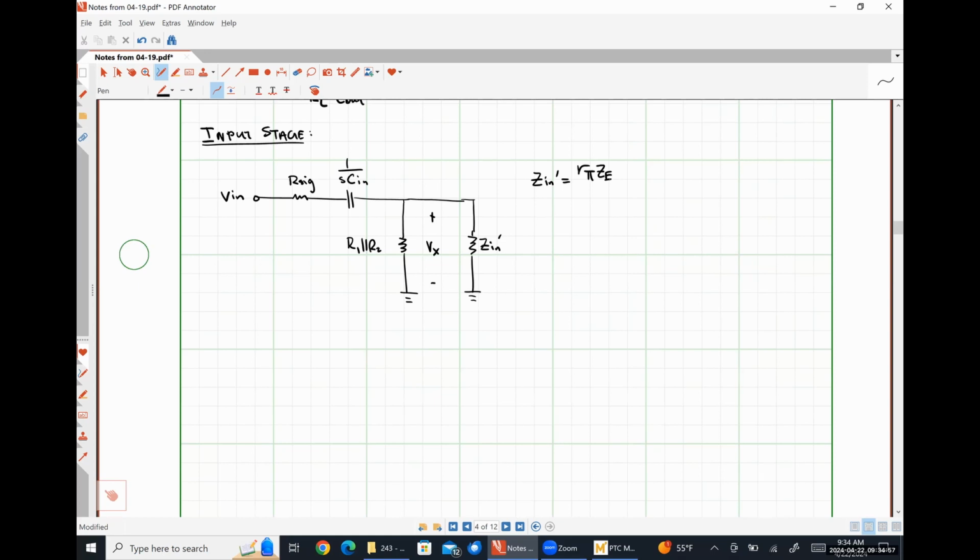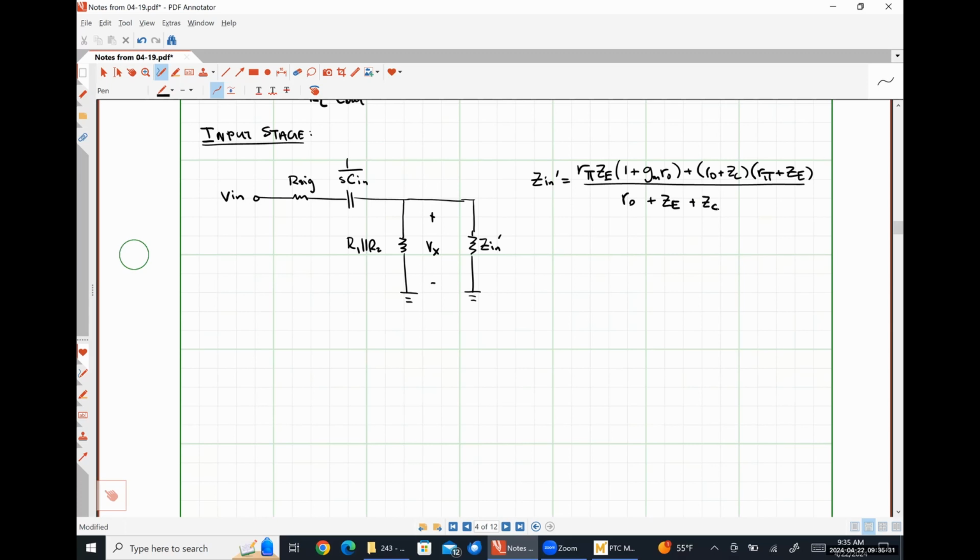So we'd have R pi times ZE times 1 plus GM R naught plus R naught plus ZC times R pi plus ZE, all divided by R naught plus ZE plus ZC.